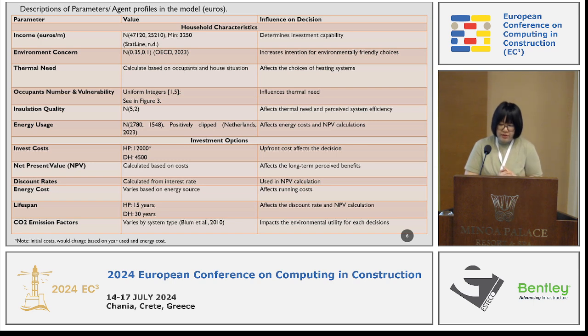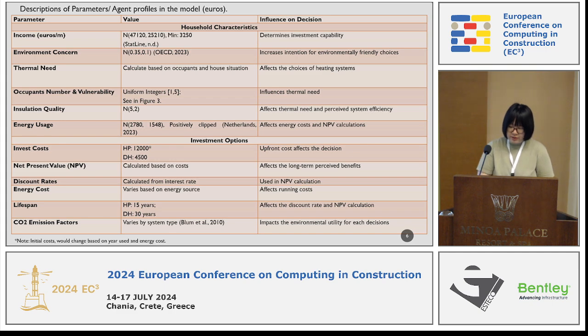Table 2 details the parameters and agent profiles used in the model. Household characteristics like income and environmental concern play crucial roles in determining investment capabilities and also preference for sustainable choices. Thermal need is calculated based on the number of occupants and their vulnerability, while insulation quality affects the preserved efficiency of heating systems.